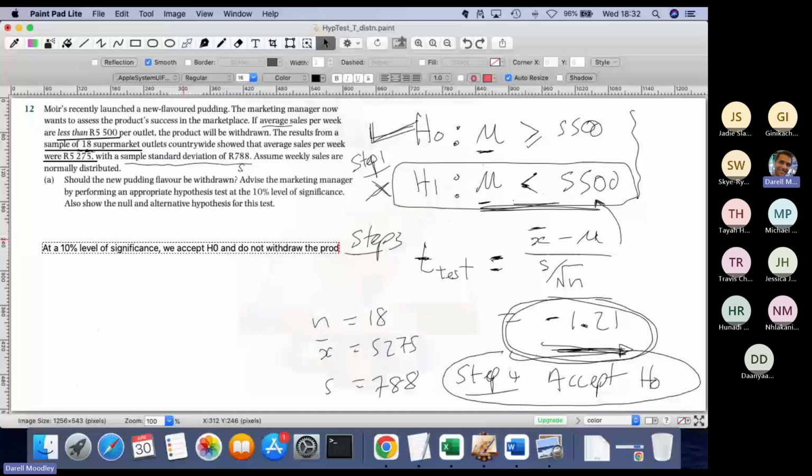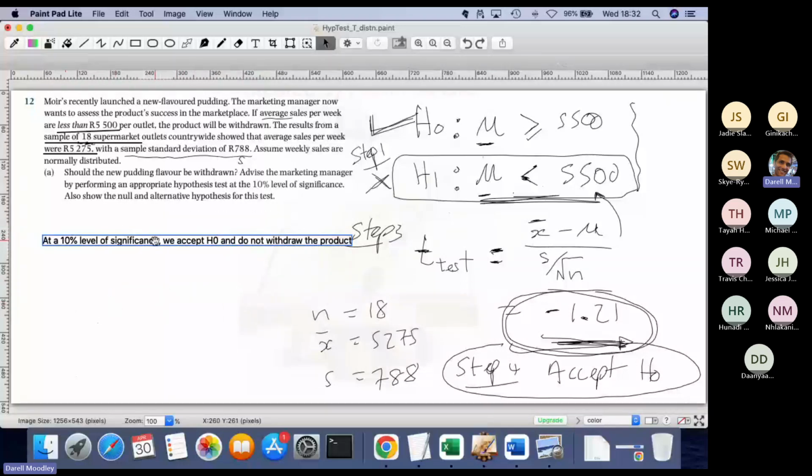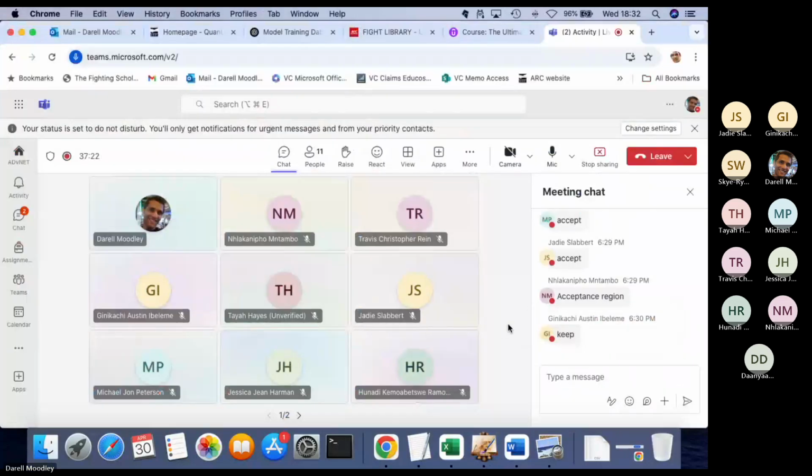This is how you would answer step 5. And that is the question answered. Any questions? Everyone happy? Okay, it's seeming all good. All right, let's move on.